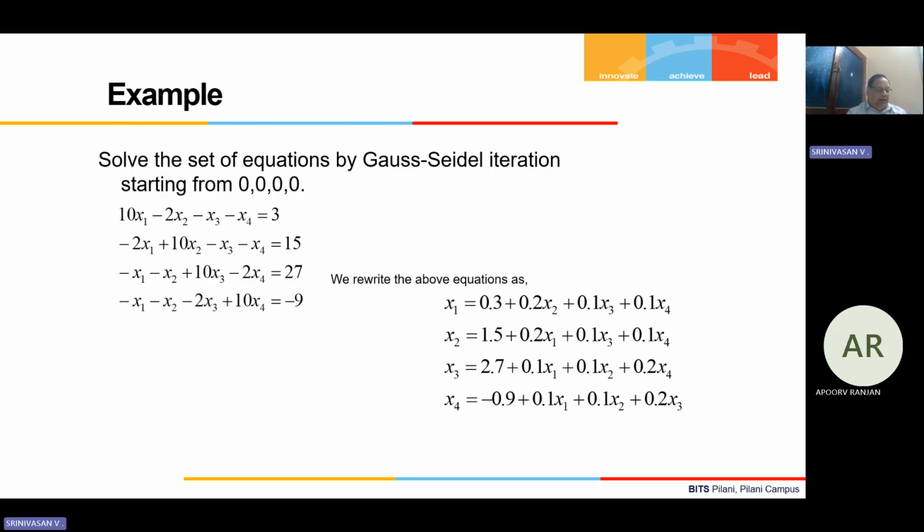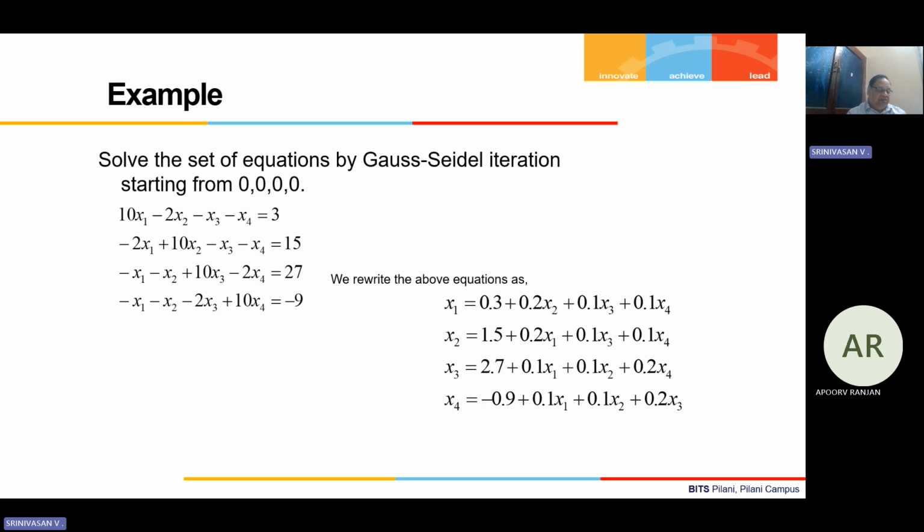You have minus 0.9, plus 0.1 x1, that is 0.03, then 0.1 x2, that is 0.156, and 0.2 into x3, that is 2.886 into 0.2, which is 0.5772.